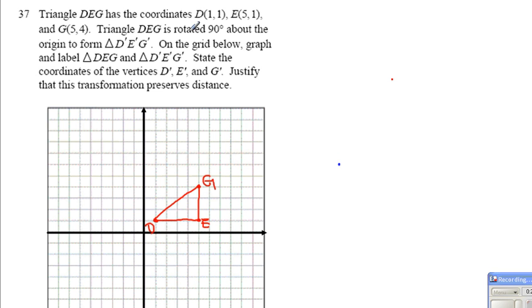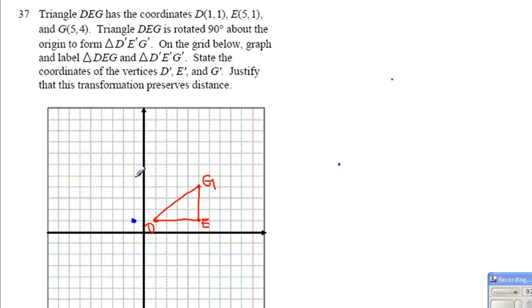So here we end up getting 1 comma 1 simply becomes this way. And then 5 comma 1, we simply switch them and negate right here.